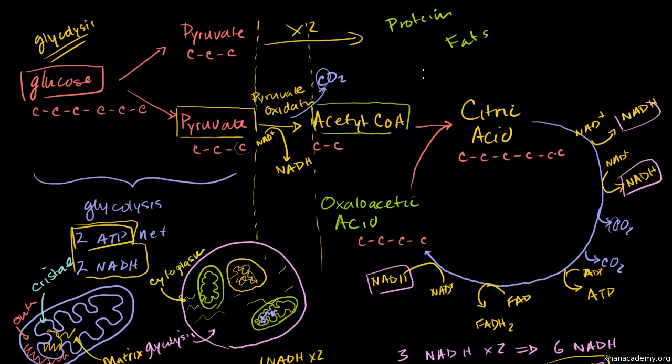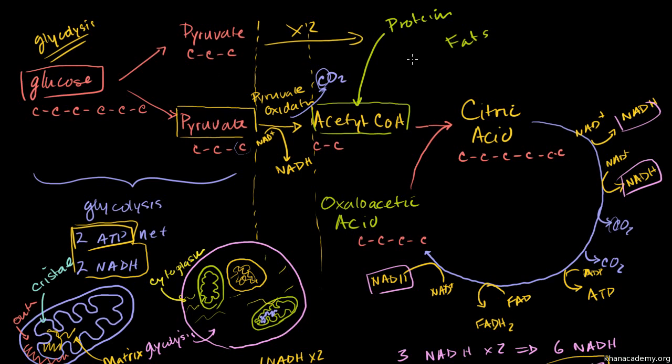And the interesting thing, the reason why I bring it up here, is obviously glycolysis is of no use to these things, although fats can be turned into glucose in the liver. But the interesting thing is that the Krebs cycle is the entry point for these other catabolic mechanisms. Proteins can be broken down into amino acids, which can be broken down into acetyl-CoA. Fats can be turned into glucose, which actually could then go through the whole cellular respiration.